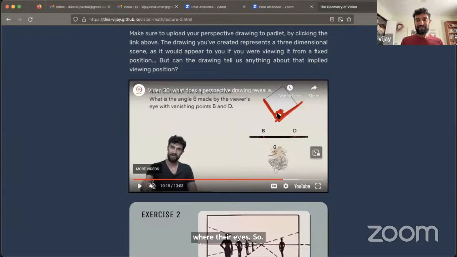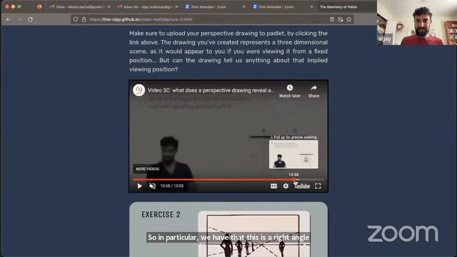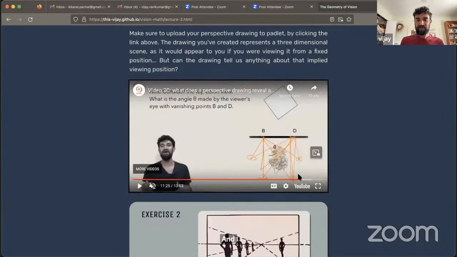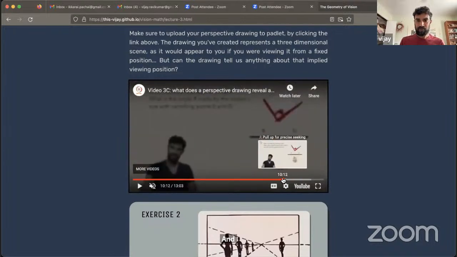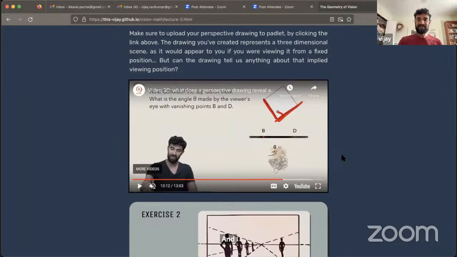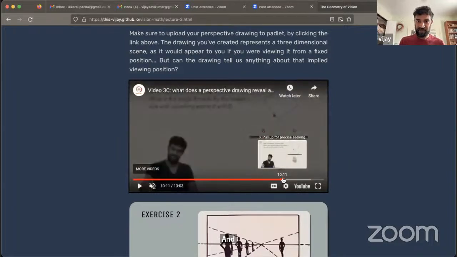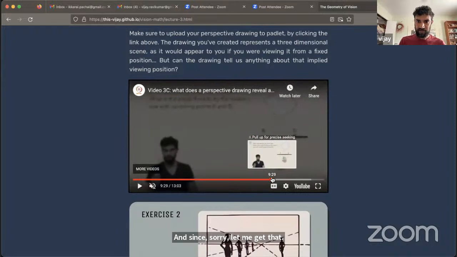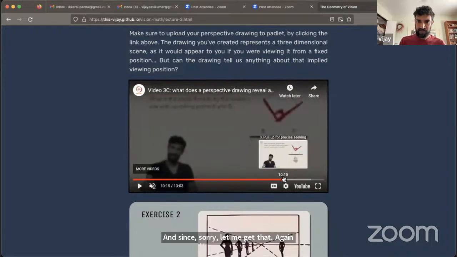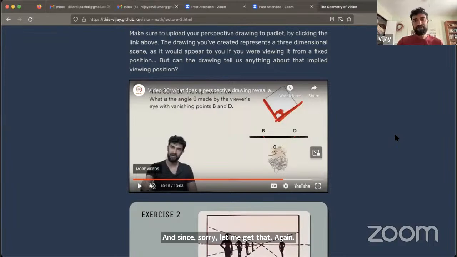In particular, we have that this is a right angle. Since it's a square, this angle is a right angle.